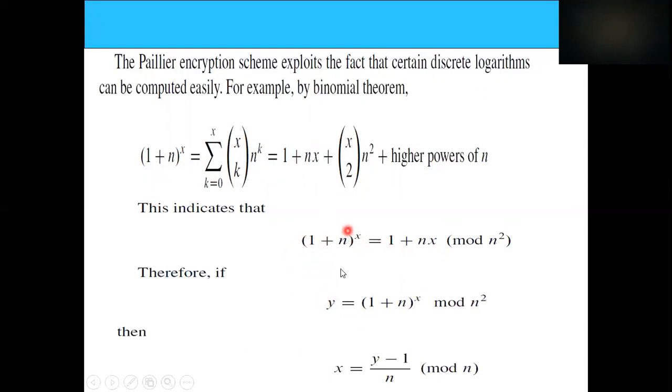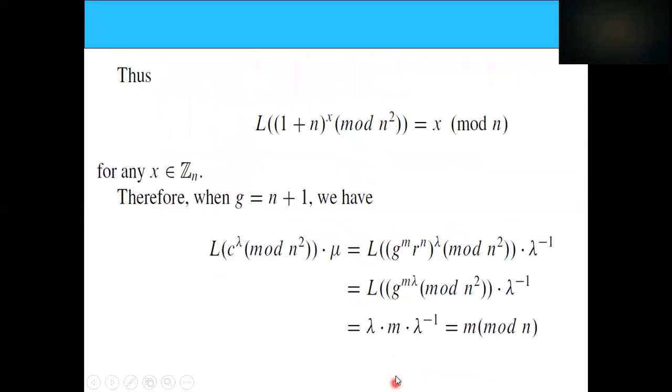If I say this left hand term is equivalent to y, then I can solve it for x. I will get x is equal to y minus 1 divided by n mod n.